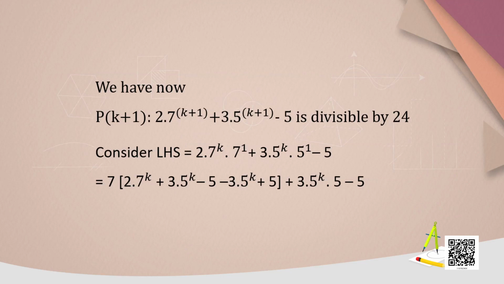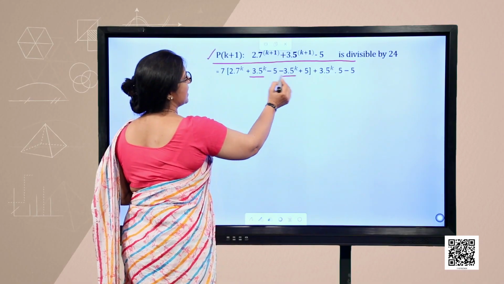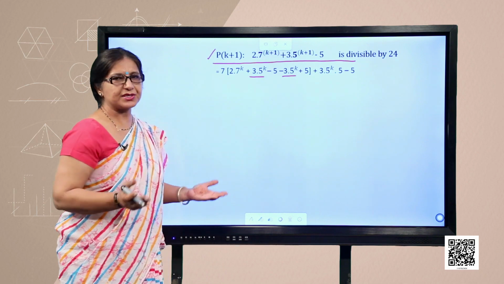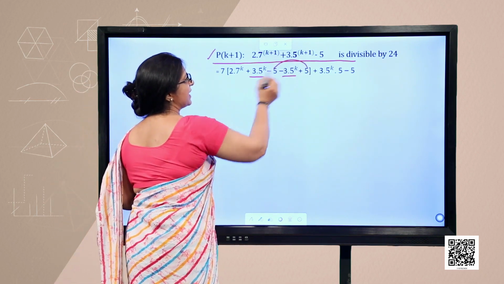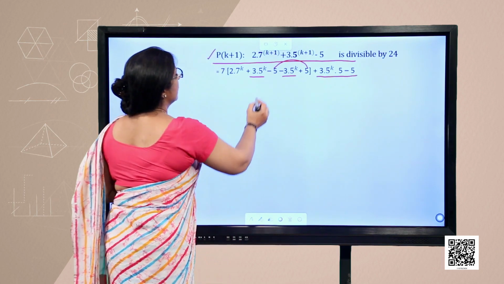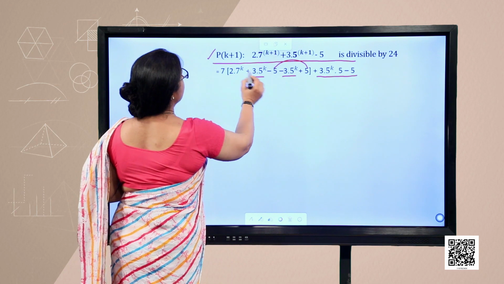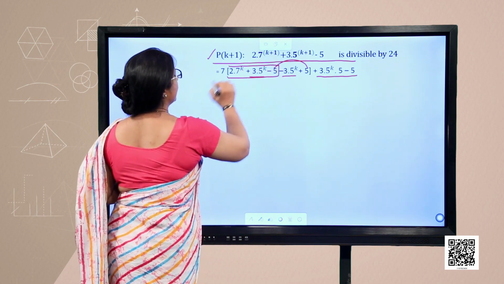Before moving to the next step, we have rewritten this statement which is to be proved. Next, this expression we have added and subtracted simultaneously so that our expression does not change, and same way 5 subtracted and added, and this expression remains the same. Now, which part did we need for pk? This much part, right?